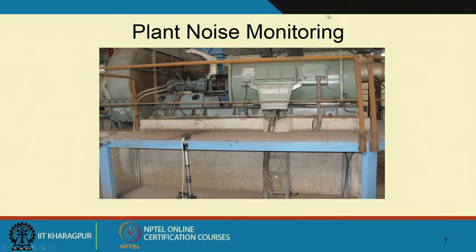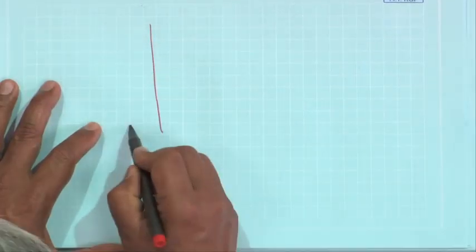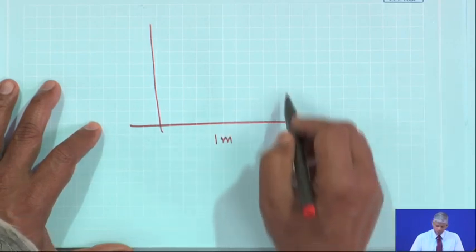Now, this is how plant noise monitoring is done. The microphone is put on a tripod, and there are certain standards of noise monitoring. The standard says you have to measure at a distance, usually specified as 1 meter.